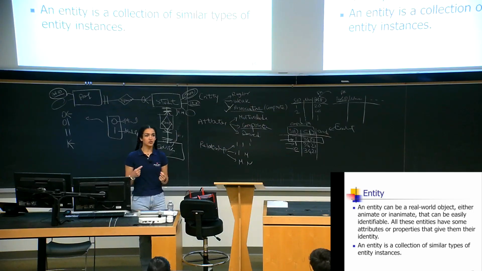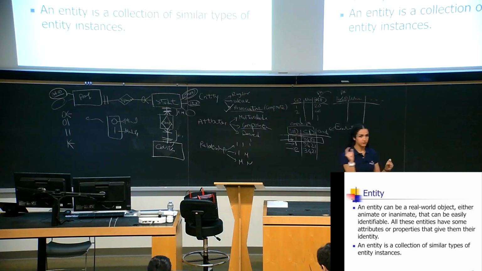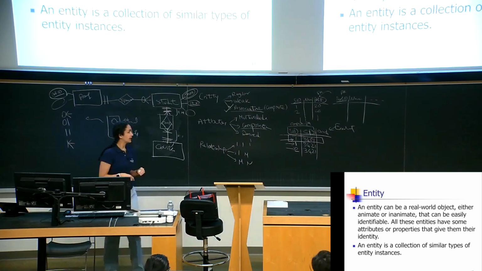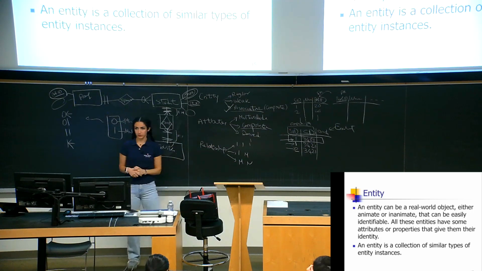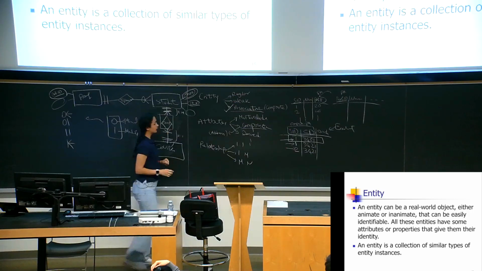We call attributes such as address, which are composed of different parts, composite attributes. For example, for address, we have a street number, a street name, zip code, and so on. So it's composed of different parts. Okay, so address could be an example of that. And how do you show it?